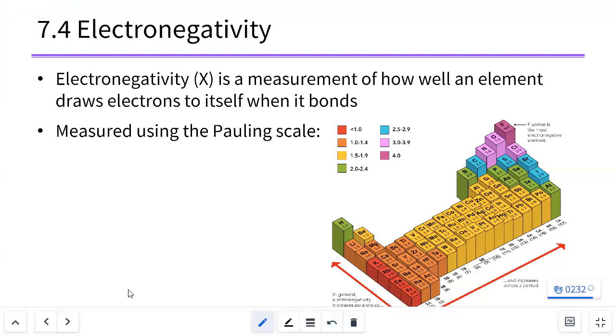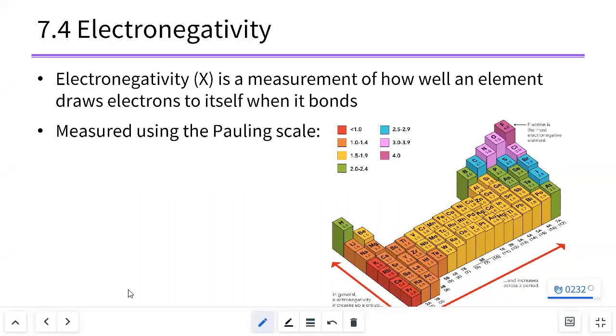All right. The other big concept that we want to talk about today is electronegativity. Now, electronegativity concerns specifically what happens when an atom bonds. What we want to think about in that kind of context is the idea of, are those electrons actually being shared evenly by the atoms that are in that bond? This is not a model of the atom, but we're going to use it to illustrate here.